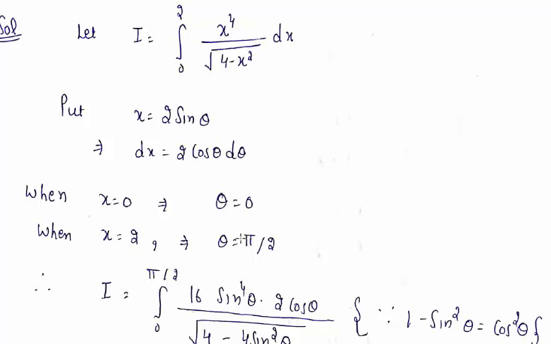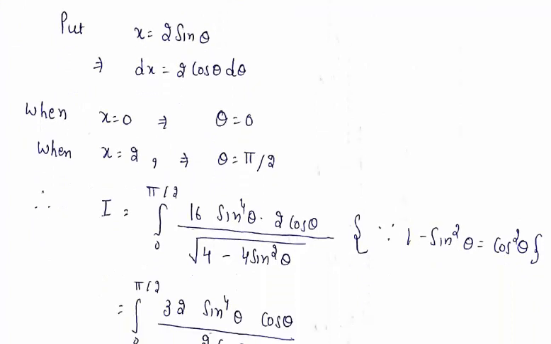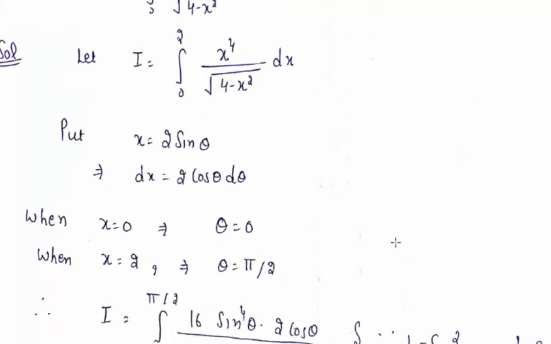Sine inverse 1 means theta is pi by 2, because sine pi by 2 equals 1. So the value of theta is pi by 2. Now corresponding to this substitution, we change the whole integration. Then the integration I has lower limit 0, corresponding to x equals 0, theta is 0.